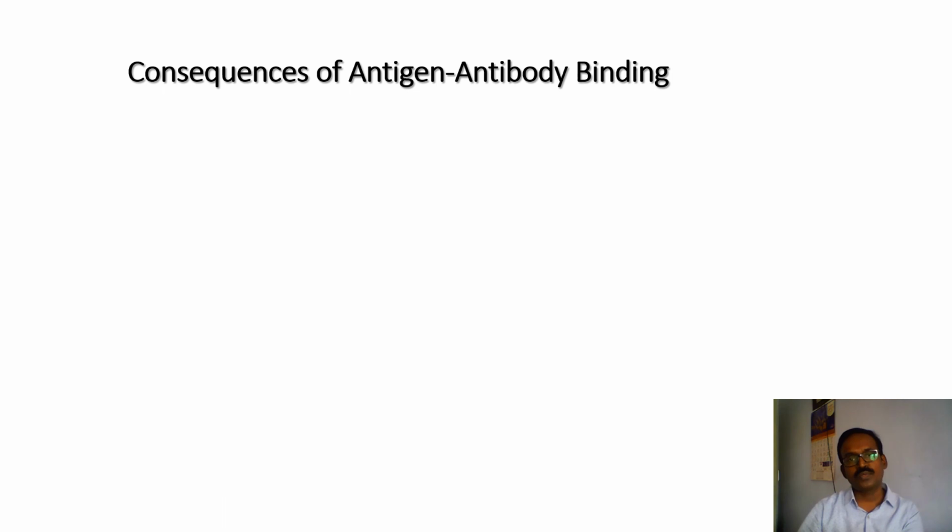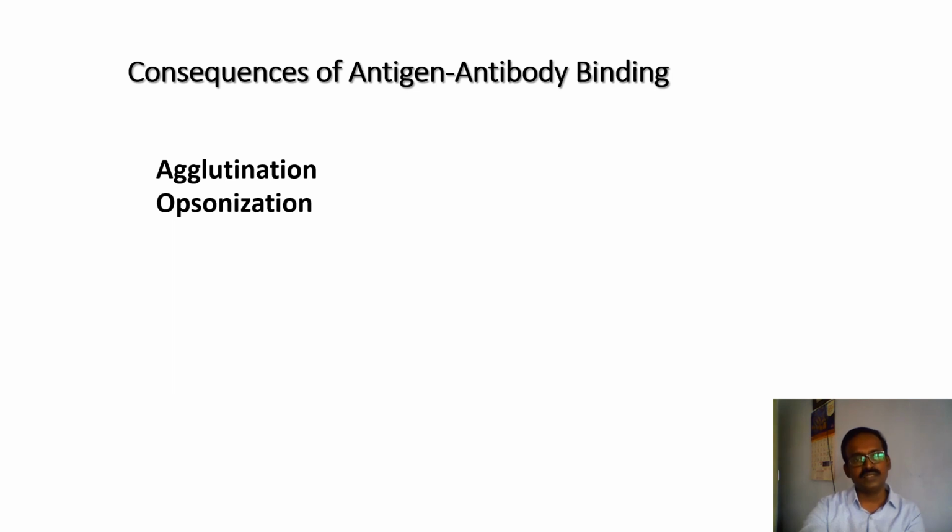Consequences of antigen-antibody binding. After the antibody binds with the antigen, it produces a clumping, that is agglutination. The antibody covers the antigen, so it makes a tasty material.